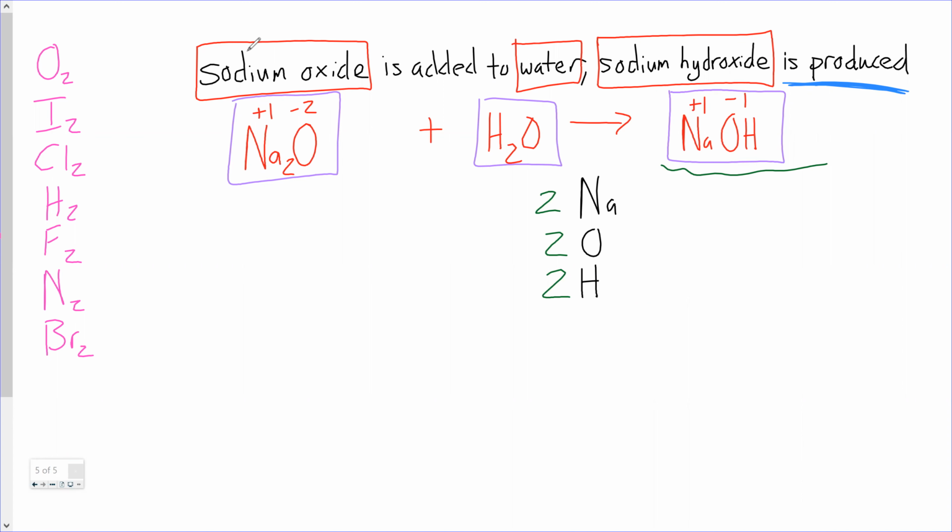How many Nas do you see? 1. All right, how many oxygens? Only 1. And how many H's on this side? I see 1. Thank you.